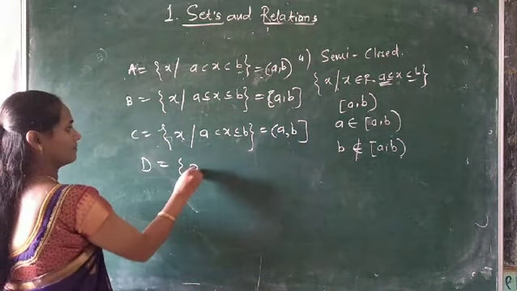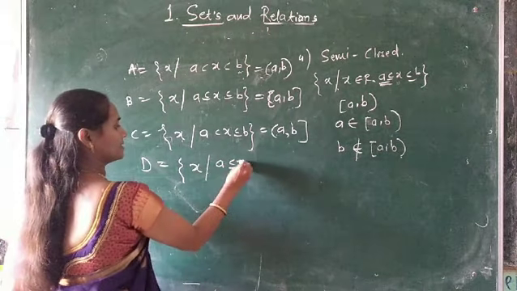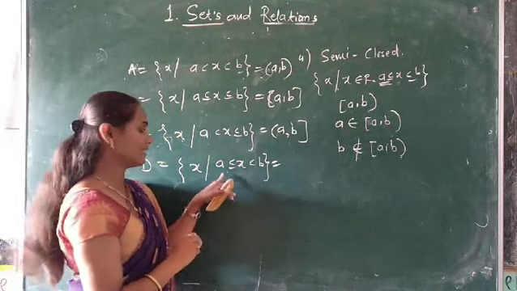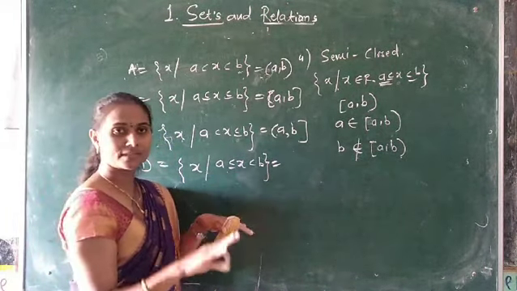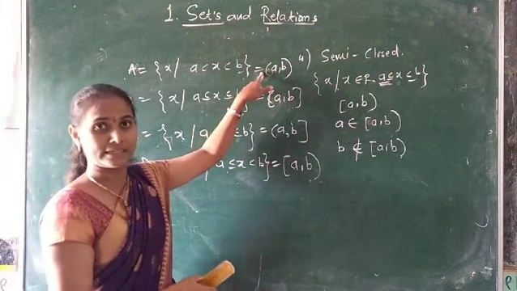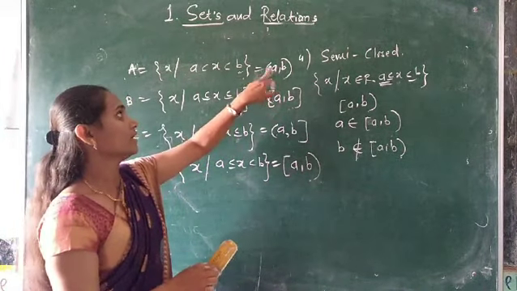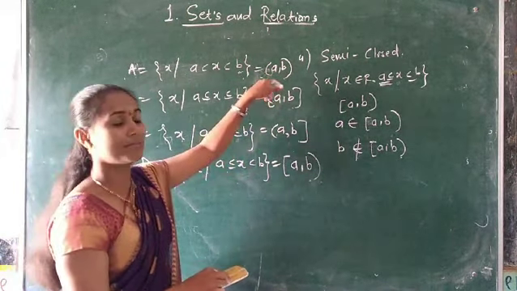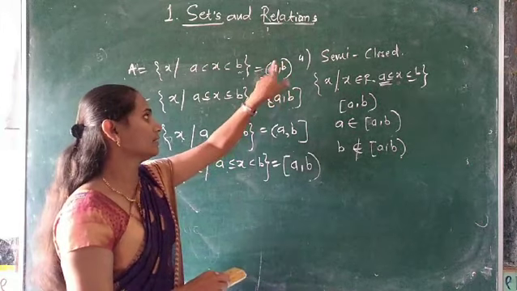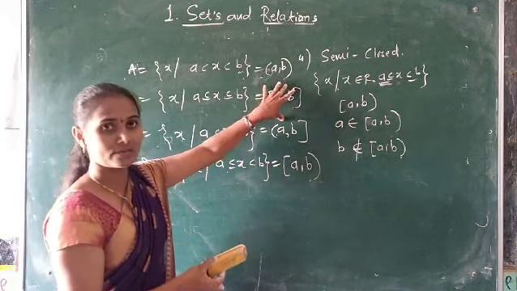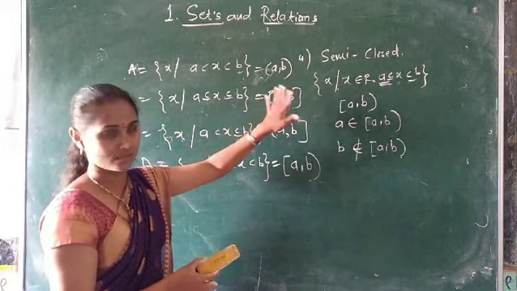And the fourth, x such that a less than or equal to x less than b. Now which point will be in the set here? a will be in the set but b will not be in the set, so on b's side how do we keep the set? Open. So this is called a semi-closed interval. Don't forget, in an open interval a and b do not belong to this set but the numbers between them are included in this set. In a closed interval all the numbers between a and b belong to this interval, also a and b belong to this interval.